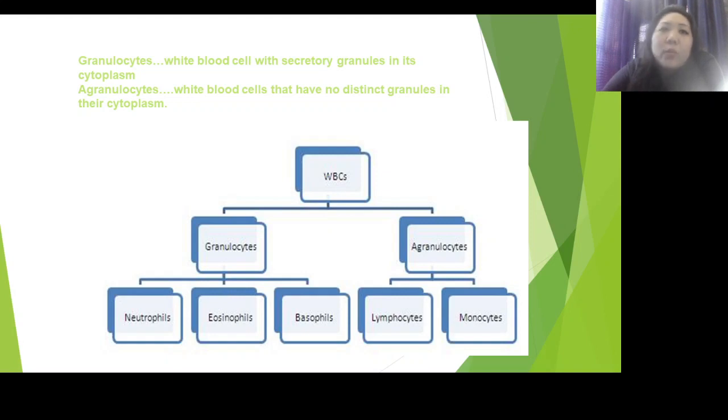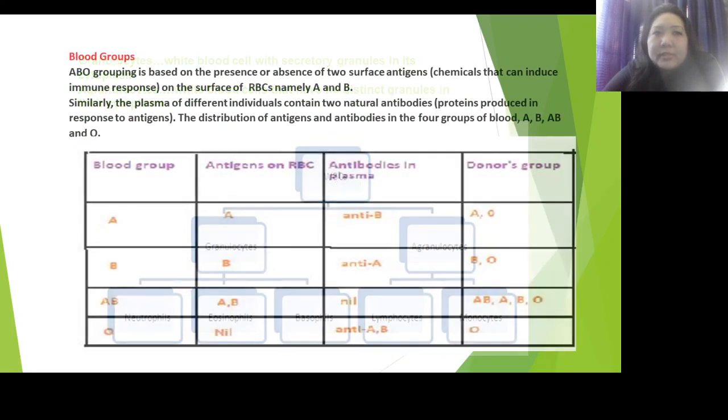Agranulocytes are white blood cells that have no distinct granules in their cytoplasm. Now let us see the division. WBC are granulocytes and agranulocytes. Granulocytes can be divided into neutrophils, eosinophils, and basophils. Agranulocytes into lymphocytes and monocytes.